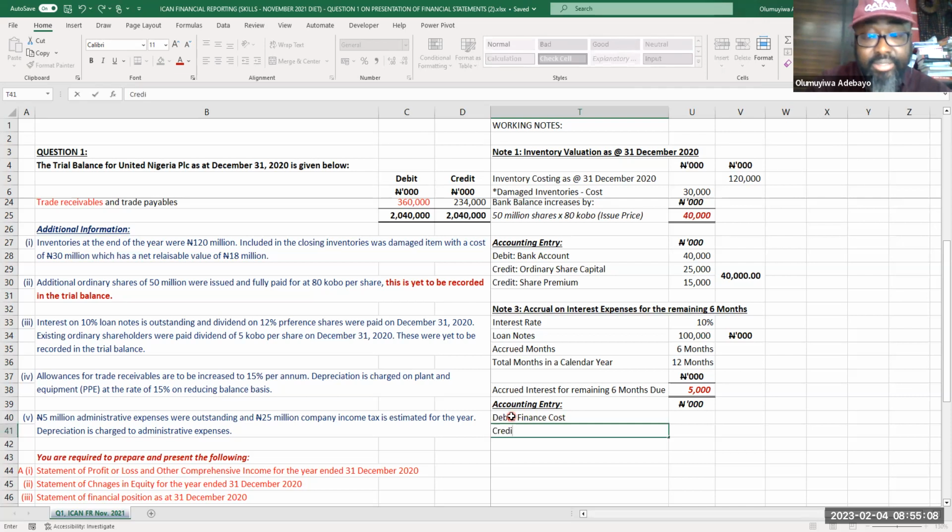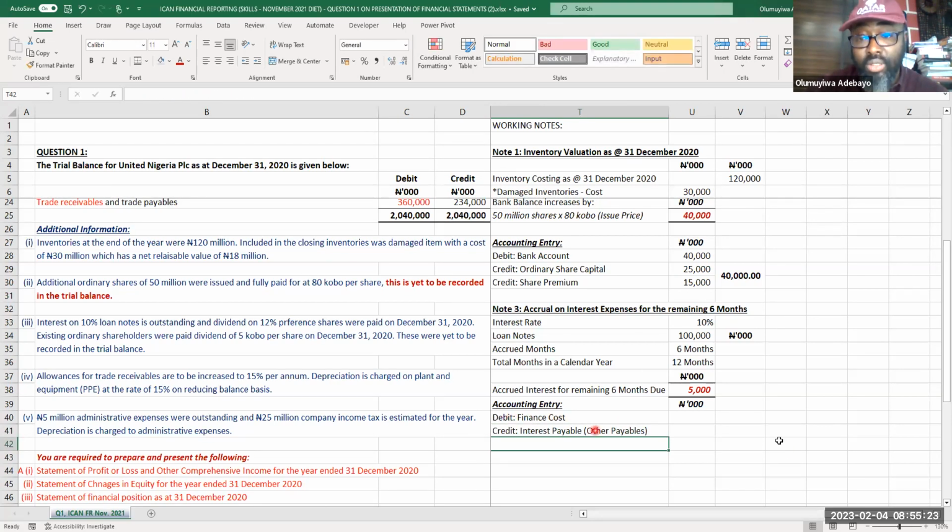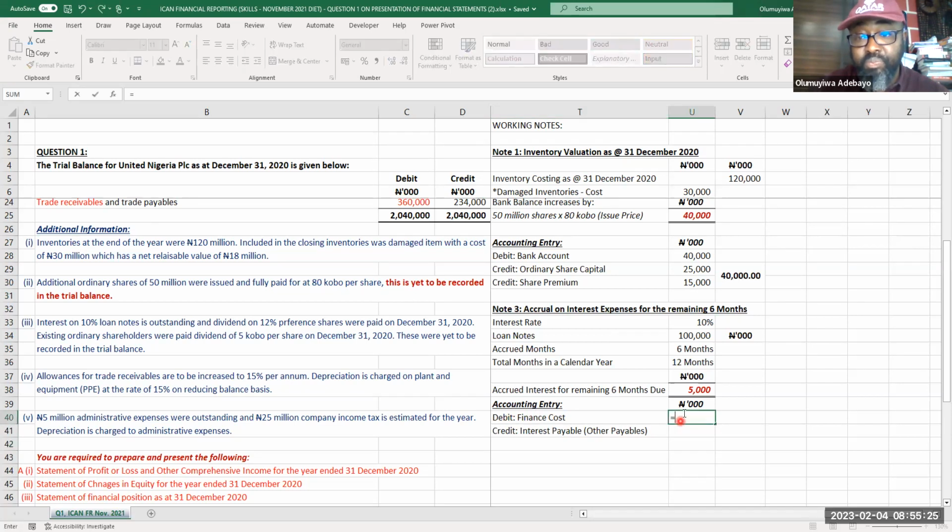And I'll credit my liability. I'll call it interest payable. I can put it as other payables. How much is it? 55.